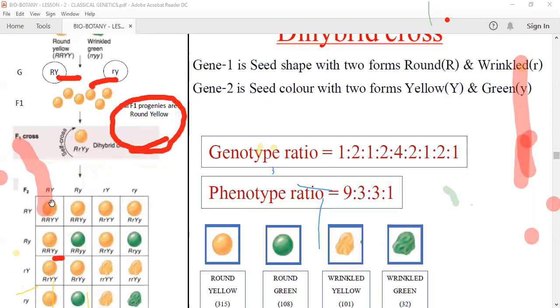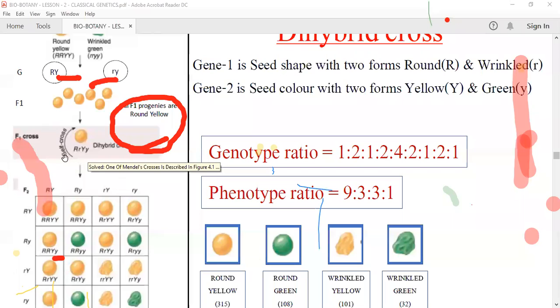Let us see the next, that Punnett square. We have to keep this in the Punnett square, so we have to separate the gametes from here. Capital R capital Y, capital R small y, small r capital Y, and small r small y. Here, how the gametes are separating: individually you have to split into capital R, small r, and capital Y, small y.